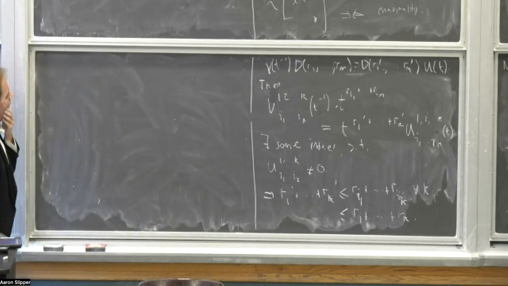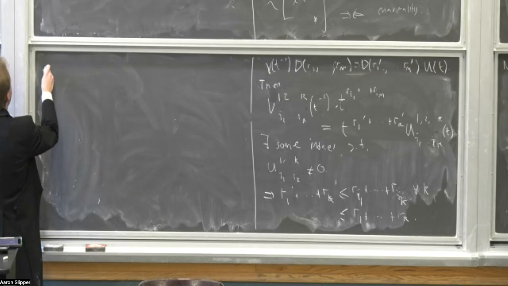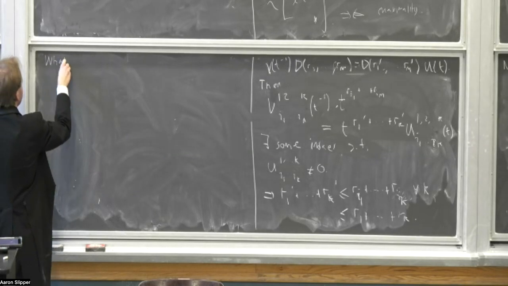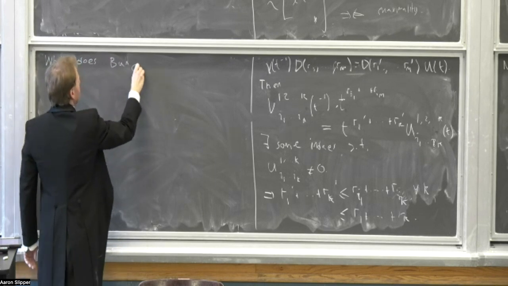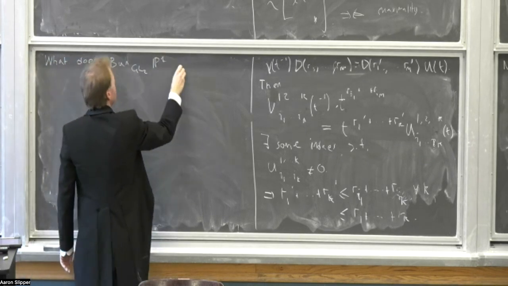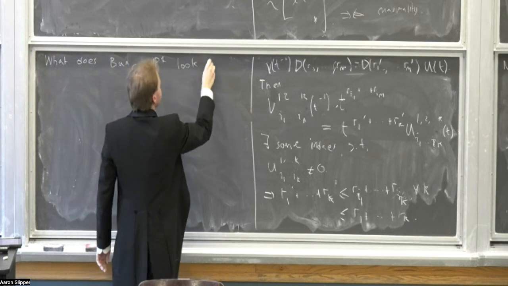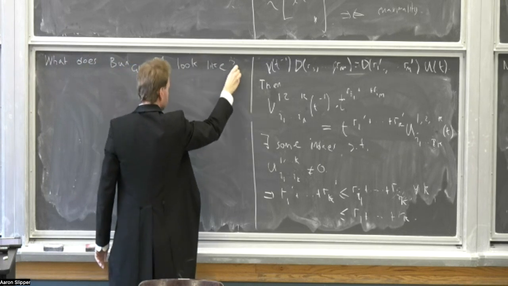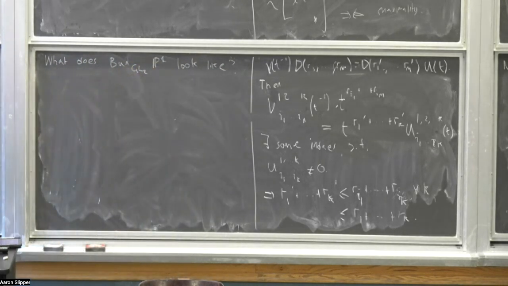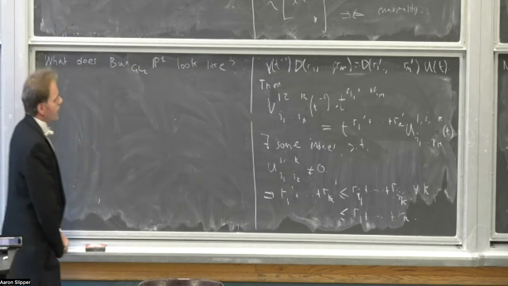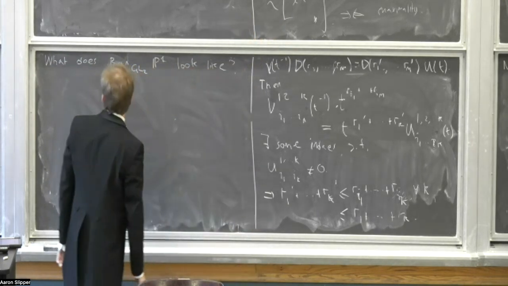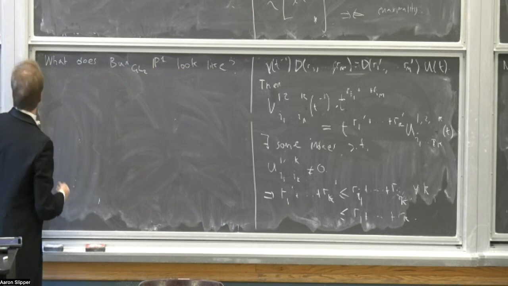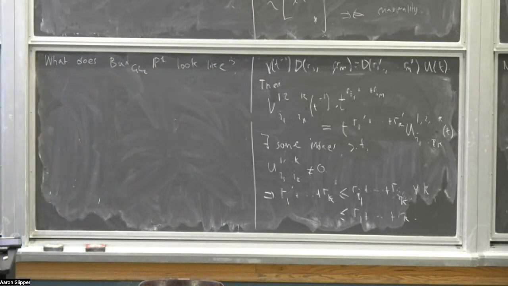So, okay. The next point for us is, what does Bun G L2 E1 look like? All right. So first things first, the determinant of these matrices is also known as the degree of the vector bundle.